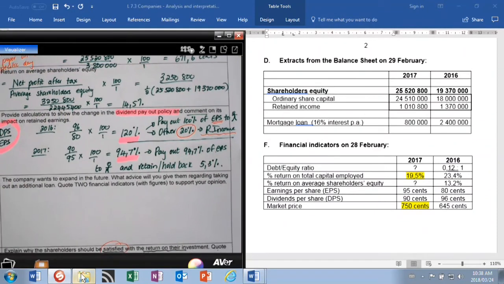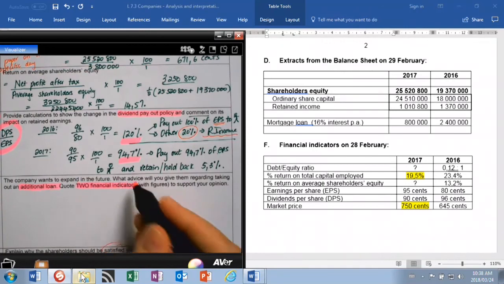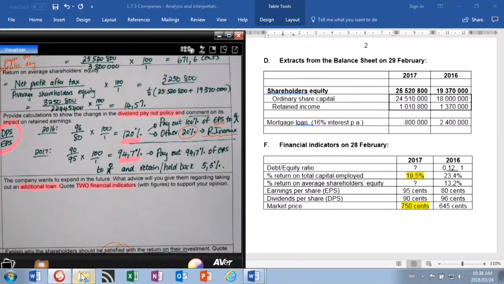The last question that I've got here is to do with the, they ask us, we want to expand and they want an additional loan. If they ask you anything on taking out another loan and they ask you two financial indicators, please use your debt equity ratio.